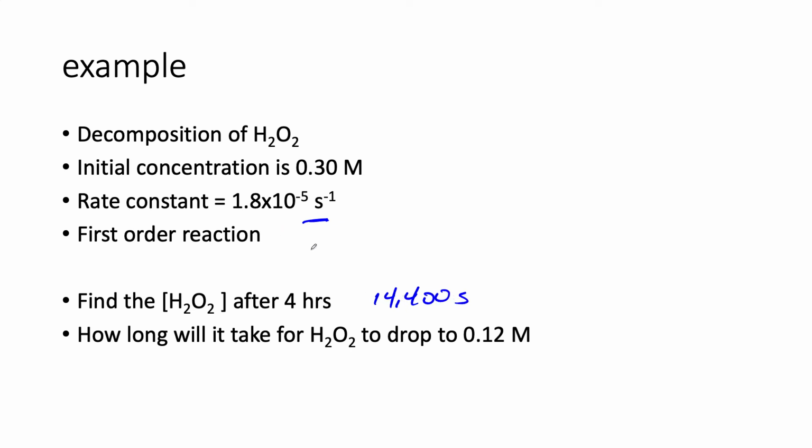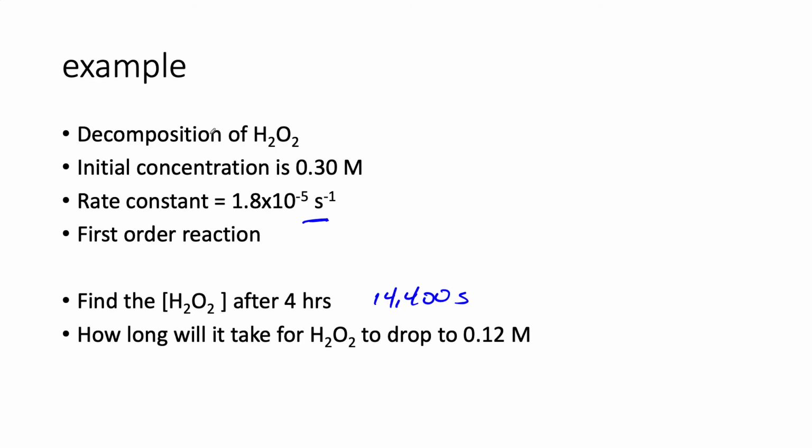Here's our rate constant. So the equation we're going to use is the natural log of the concentration of H2O2 at time t over the concentration initial, what I call time 0, is equal to minus k times the time it takes.